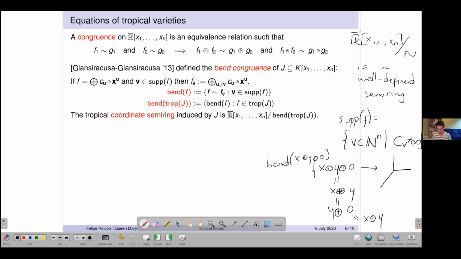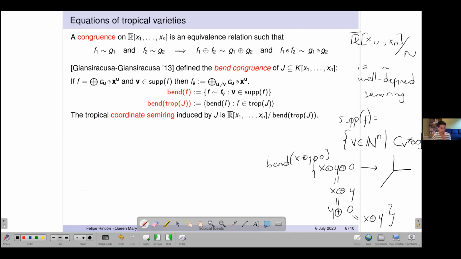It's going to be a collection of equivalences. It's declaring that this polynomial is the same as this polynomial, but also the same as this one and the same as that one. And then the bend congruence takes all these relations that you have from your polynomials and creates the congruence that they generate.